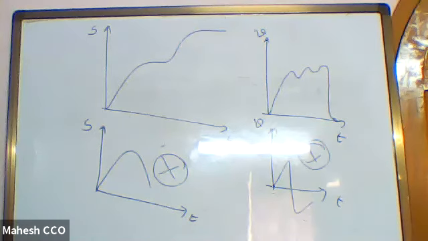See, the point is we have not yet discussed even the simplest of examples like Guntur to Hyderabad. There are 3 ways of going: on bus, on train, and on flight. In each case, find the average speed, average velocity, like that. These kinds of questions we have not done.